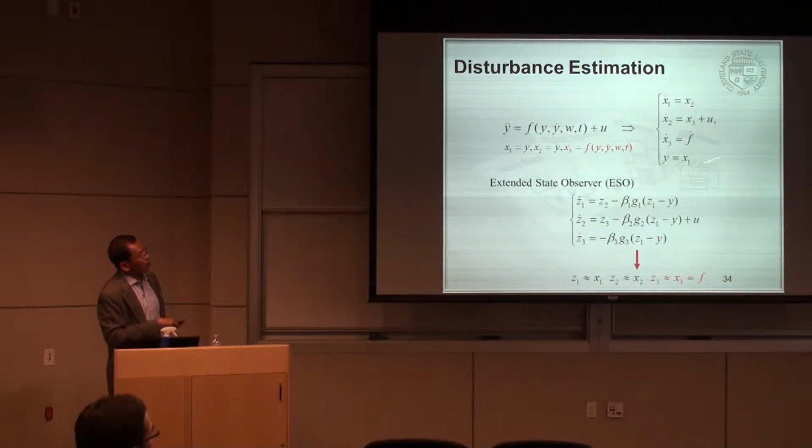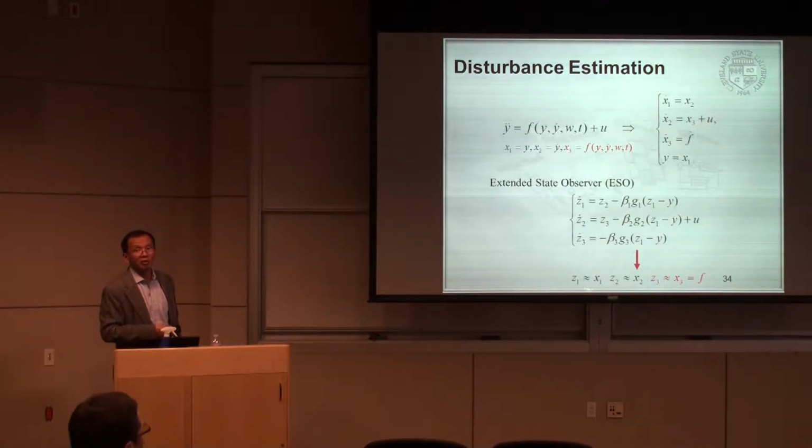Right? So this is the extended state formulation. And we build a Luenberger observer, or we build a nonlinear observer, whatever observer you can think of. It's in this form. And if the observer works, the third state will converge to F, or at least get close to F. And that gives us the information. That's the key piece of information PID doesn't have before.